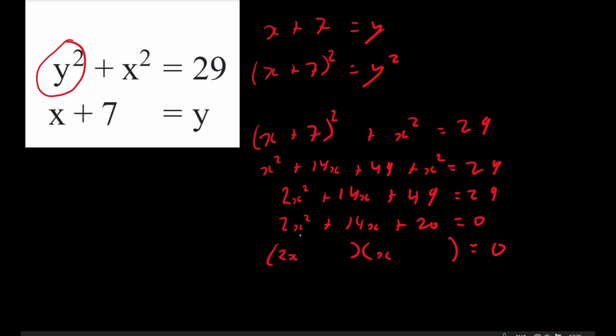And then you will have to look for how to factorize it. We have the factors of 20, which are 1, 2, 4, 5, 10, 20. So which two have a difference of 14?